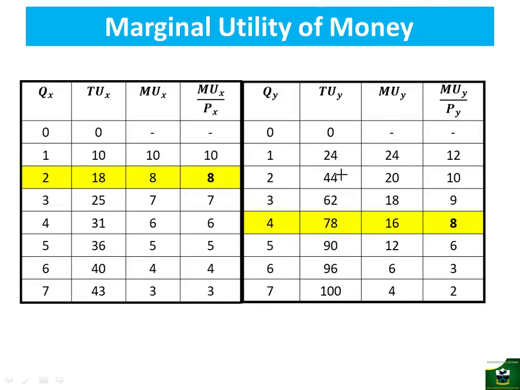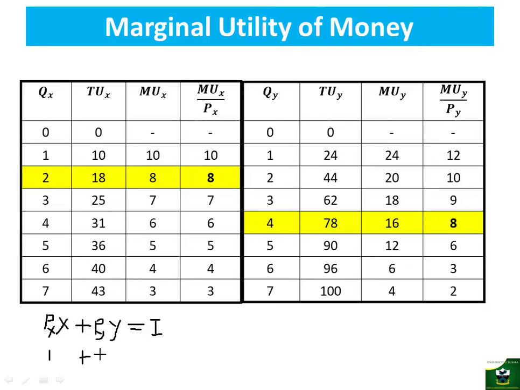From this equation, the price of X multiplied by X plus the price of Y multiplied by Y must be equal to the income, which is I. Now we know that the price of X is 1.